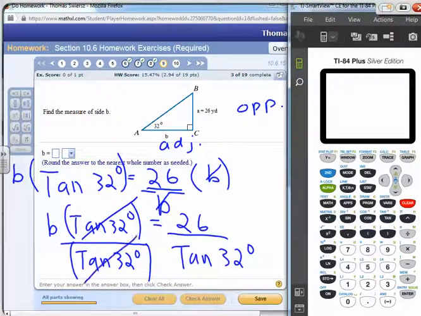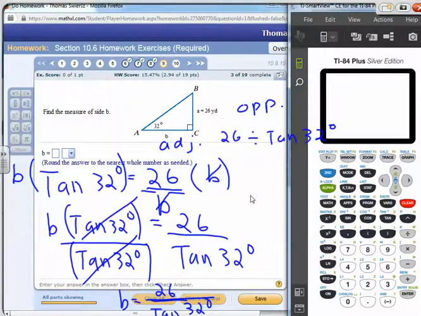These are the same values, so they cancel. Now B is equal to 26 divided by the tangent of 32 degrees. So be careful, it's a division. You've got to put 26 divided by the tangent of 32 degrees on our calculator.